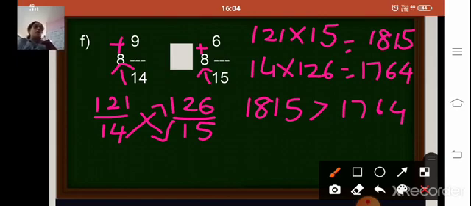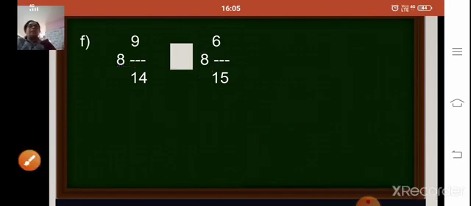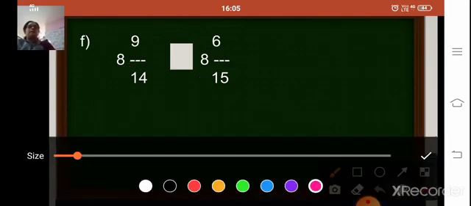That means your first fraction, that is 8 9 upon 14, is greater than 8 6 upon 15. Okay. So which sign will you put here? You will put the greater sign. Yes. Here you will put the greater sign for the first fraction.